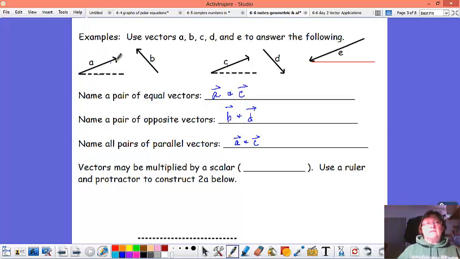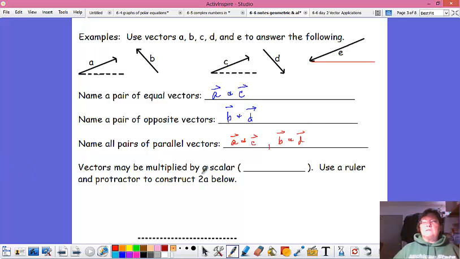They both start and go up to the northeast. It's not true that B and D are parallel. They're 180 degrees going opposite directions. They're not parallel. That E is not going in the same direction as either A or C, so E can't be part of any parallel pair either. Only one pair of parallel vectors there, folks.